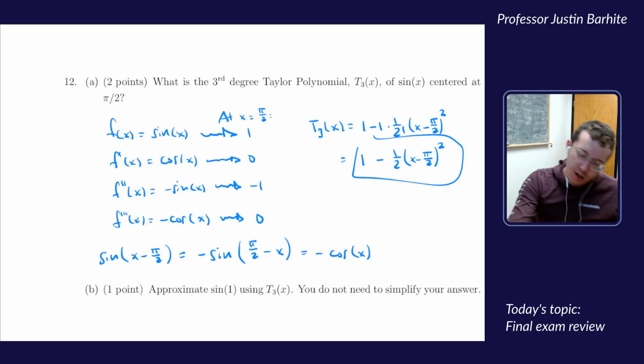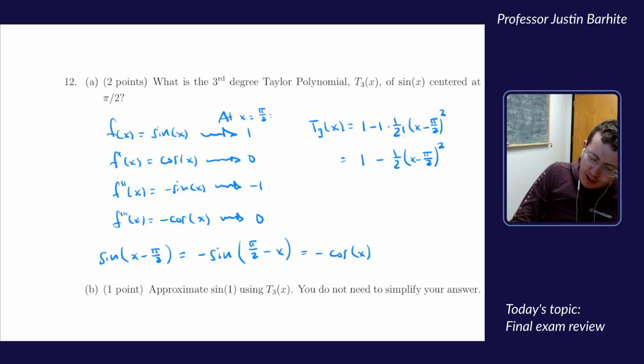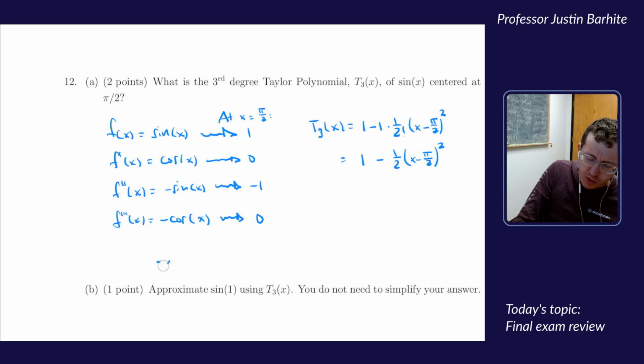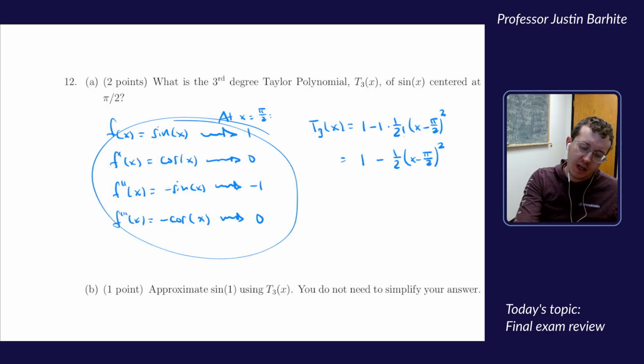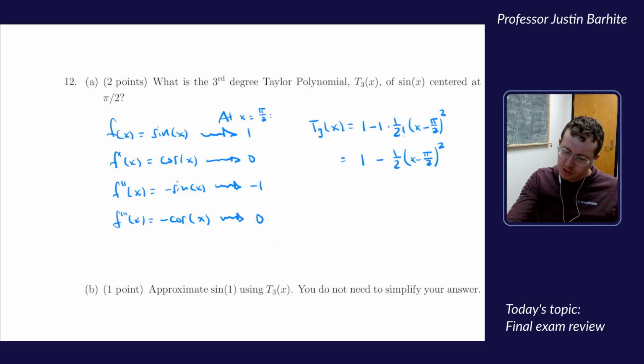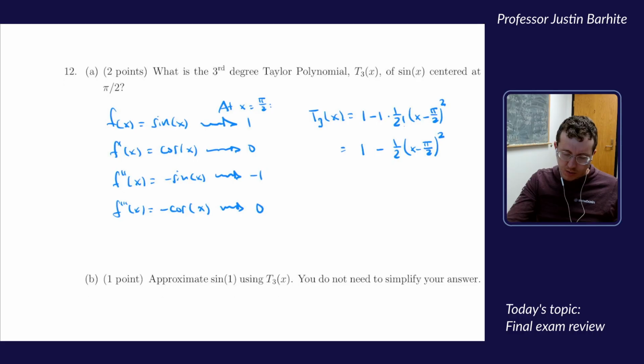Huh. I'm missing something, but it's not super important. We can compute this Taylor polynomial just by computing those derivatives and using the formula for the third degree Taylor polynomial.